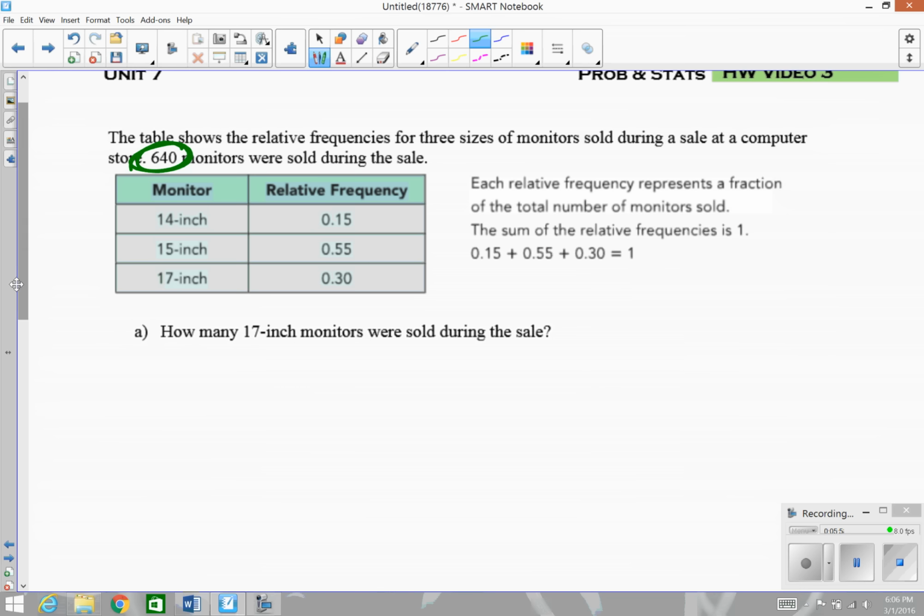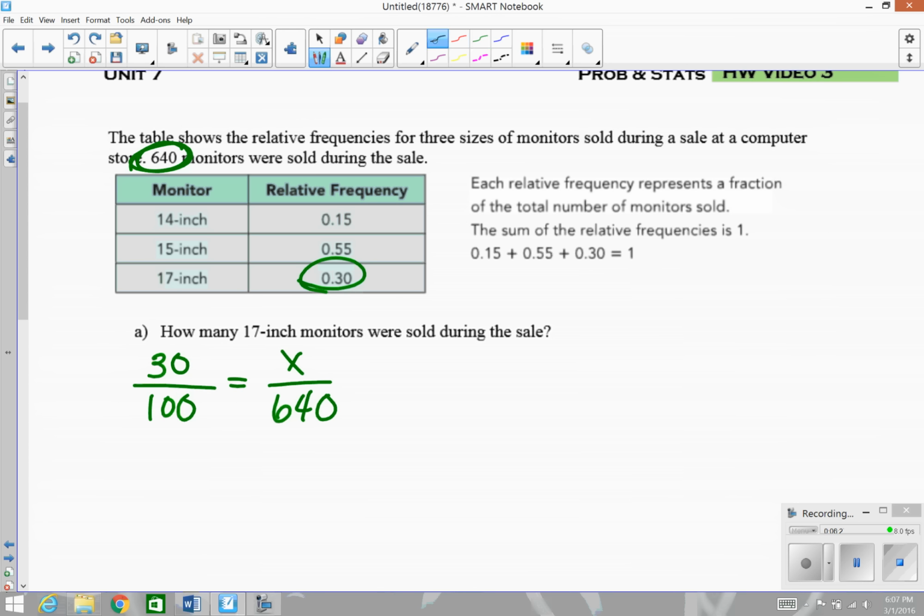So the first question is how many 17-inch monitors were sold during the sale? Well, 17-inch monitors has a relative frequency of 0.30 or 30 hundredths, equals x over 640, because that's the total.